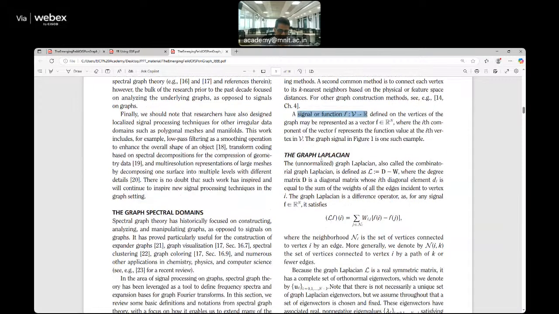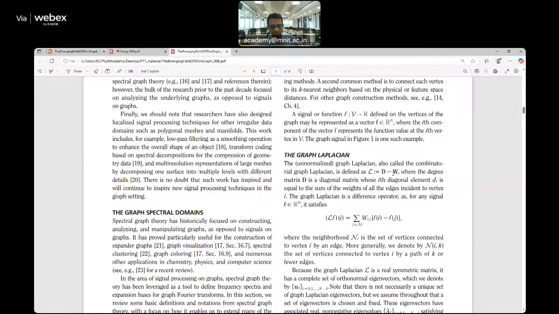Graph Laplacian. Remember, when we say the graph Laplacian, it is basically the unnormalized graph Laplacian. How do we find it? We find it with L equal to D minus W. Please note also that in this paper the representation has been done very clearly.